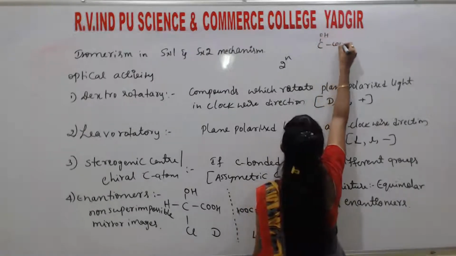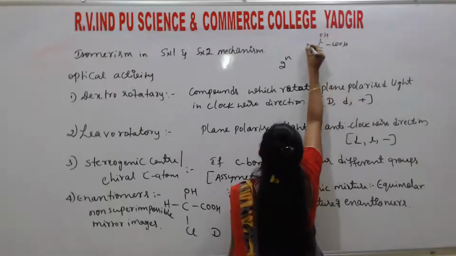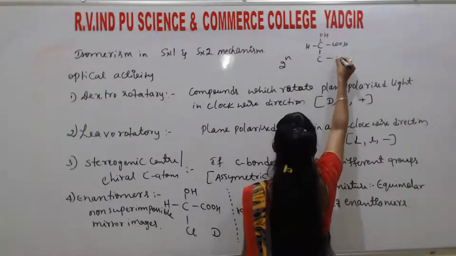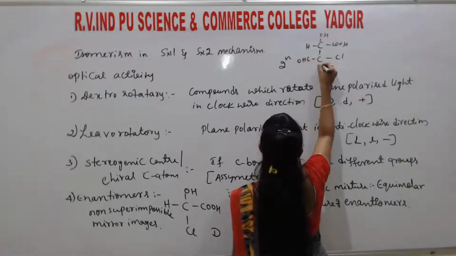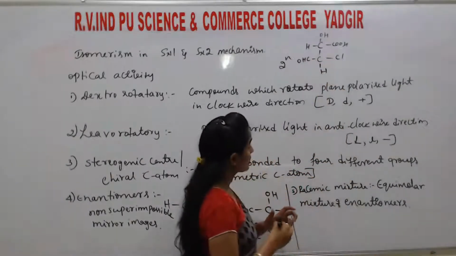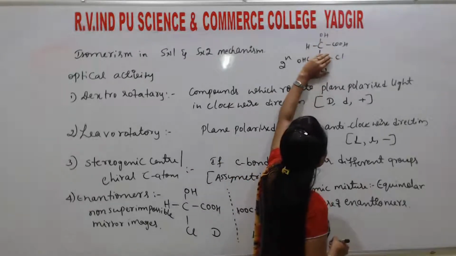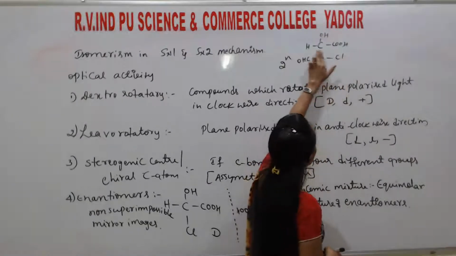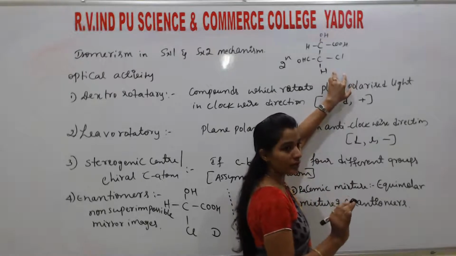OH, COH, H, C. Okay, so listen. This carbon is bonded to 1, 2, 3, then complete, 4 different atoms. Atom or a group of atoms, we don't bother about it.